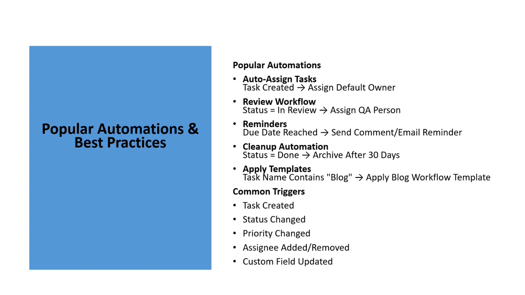ClickUp also supports template-based automations. For example, if a task title contains the word blog, ClickUp can automatically apply a blog template containing predefined subtasks such as draft, edit, and publish.